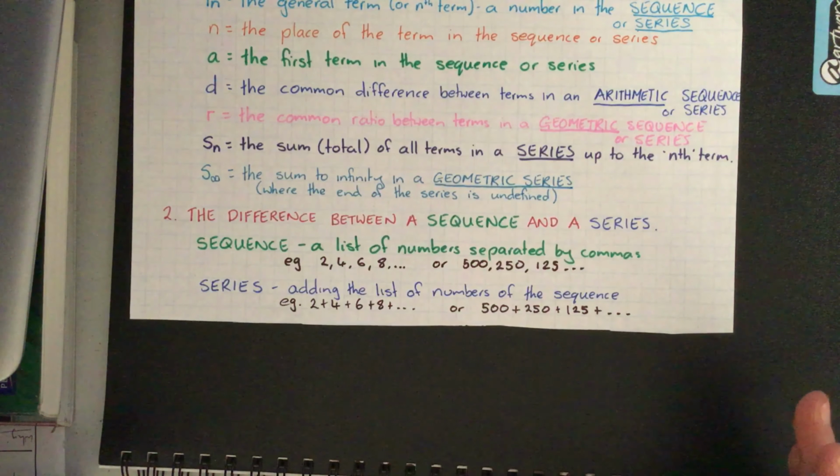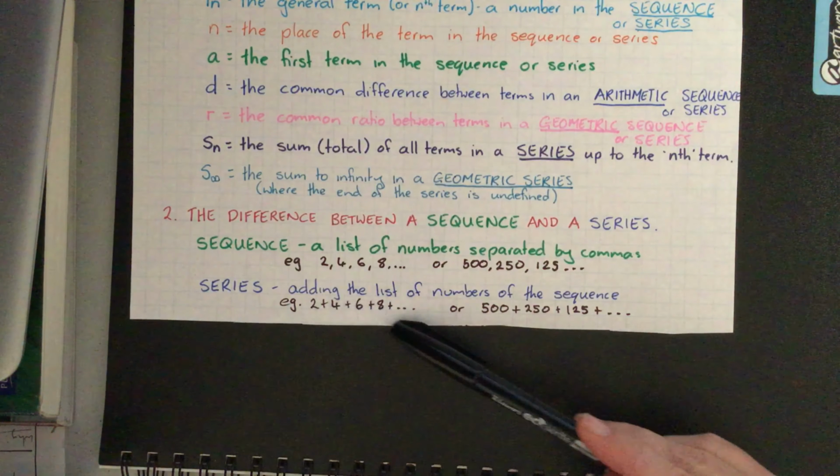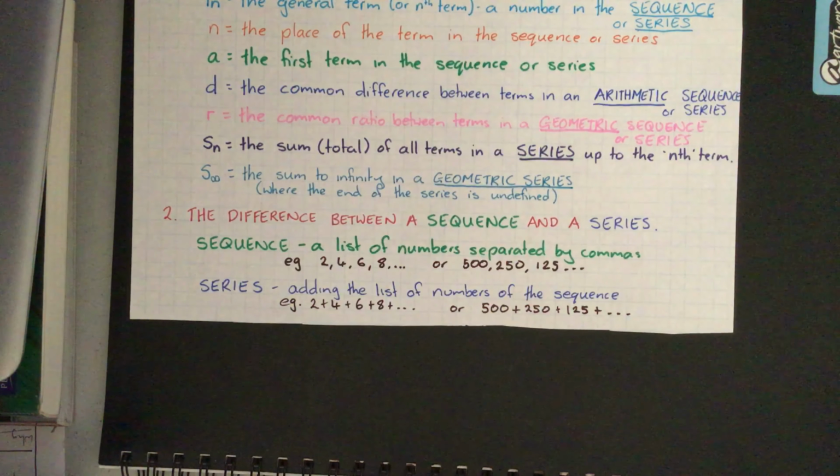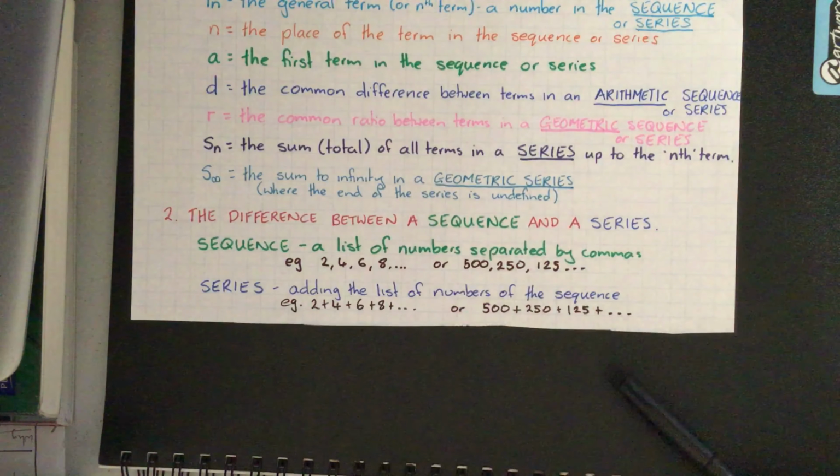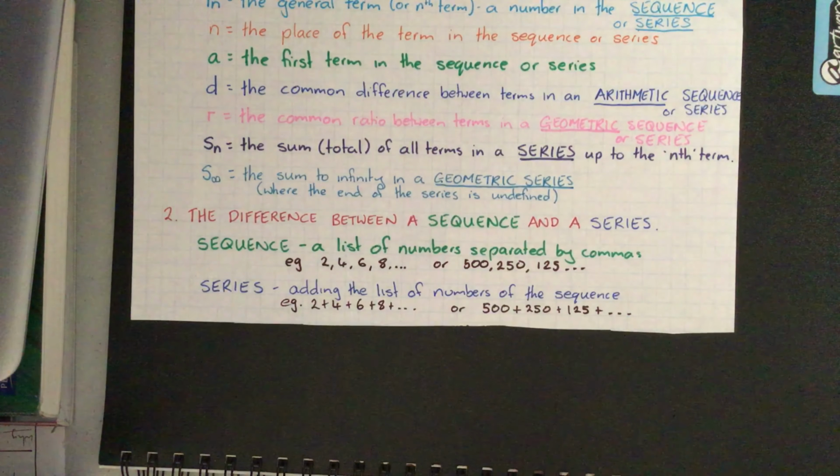A series, on the other hand, is when they've been added together rather than just listed. So you keep adding them up until a certain point. They could be added forever and ever, or they may have a limit, hence the S sub n. They could also be adding in an increasing or a decreasing amount. So those are our variables and the difference between sequence and series.